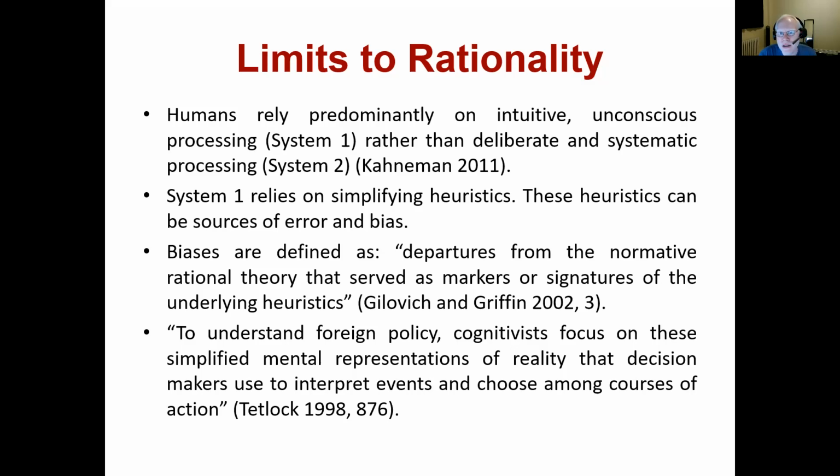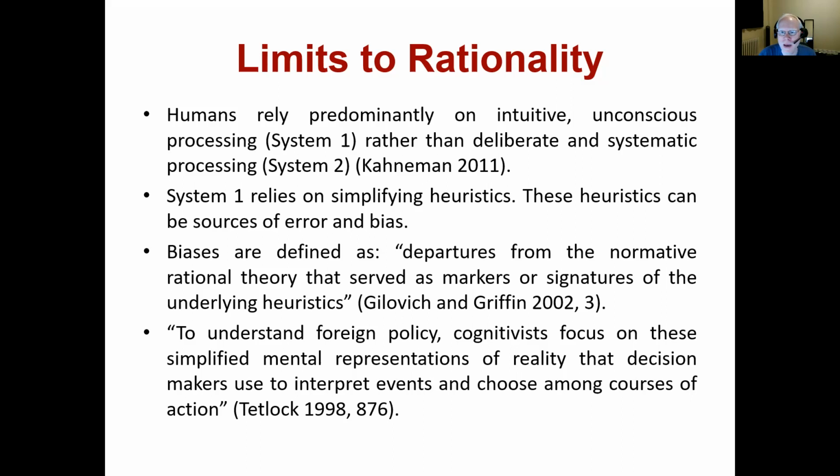Because again, these heuristics most of the time lead to outcomes or behaviors that are the same as what you would expect if someone was going through deliberate, systematic, rational calculation. But there are times where, with particular heuristics under certain circumstances, you systematically end up with bad decisions, bad processing.